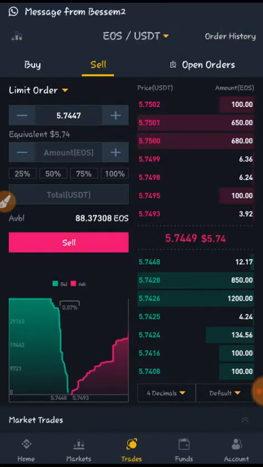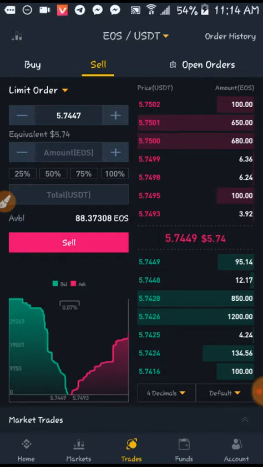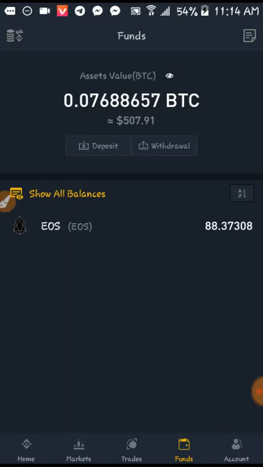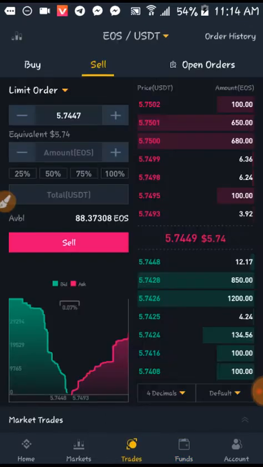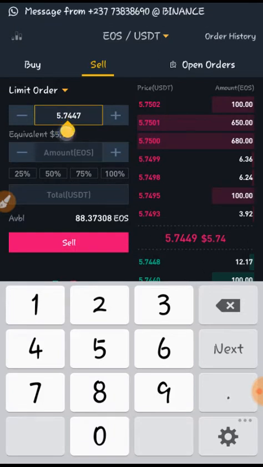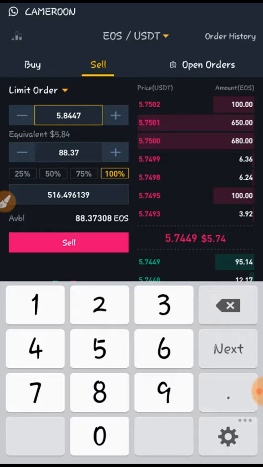Now bear it in mind, let's come back to funds. You have 5.508, that is $508. You go back to trade. Now if I want to sell, I delete this 7 and write 8, come down, and click 100%.